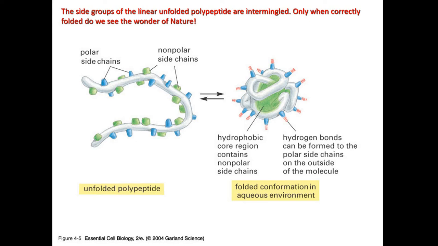Hydrophobic bonds are responsible for making the tertiary structure of the protein, which is actually called a domain. This is a stable, well-defined subunit of the protein which has biological activity.